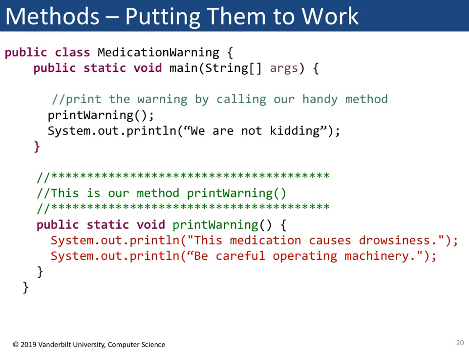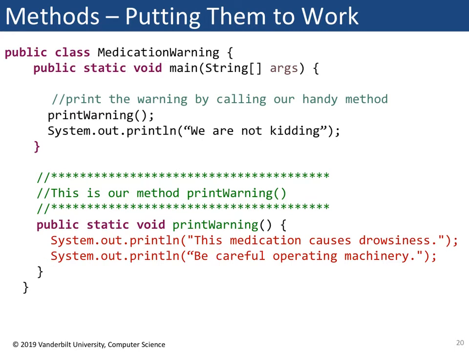We are going to encounter this call to the print warning method. So at this point of execution, the program will jump down to the first line of the print warning method. And the first line is a print line statement. It will print "this medication causes drowsiness."